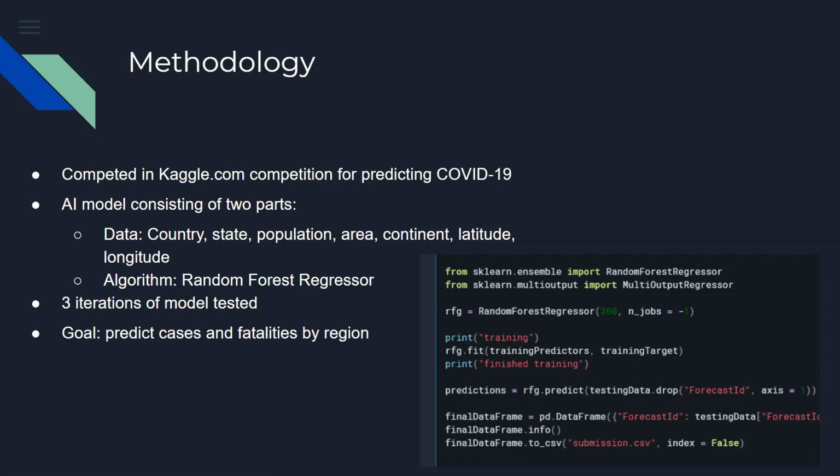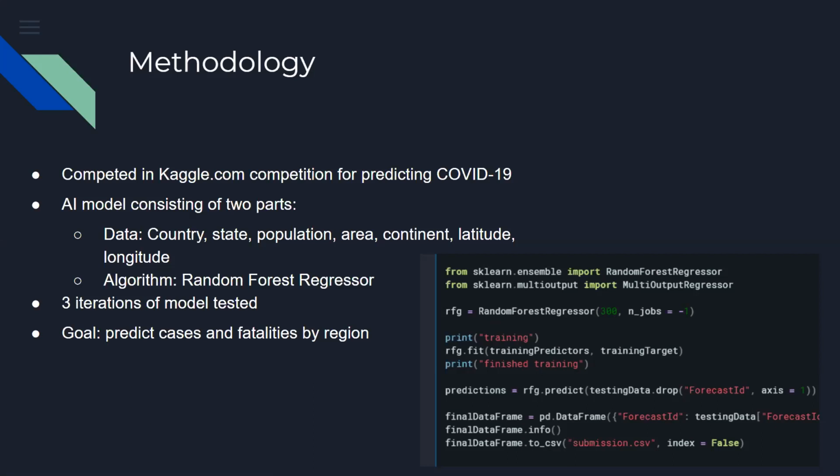Our second iteration tried to make further predictions based off of past predictions. We had seen in some of our testing that you could more accurately predict the number of cases in an area if you knew the number of fatalities in an area. So there were 2 AI involved in the second iteration.